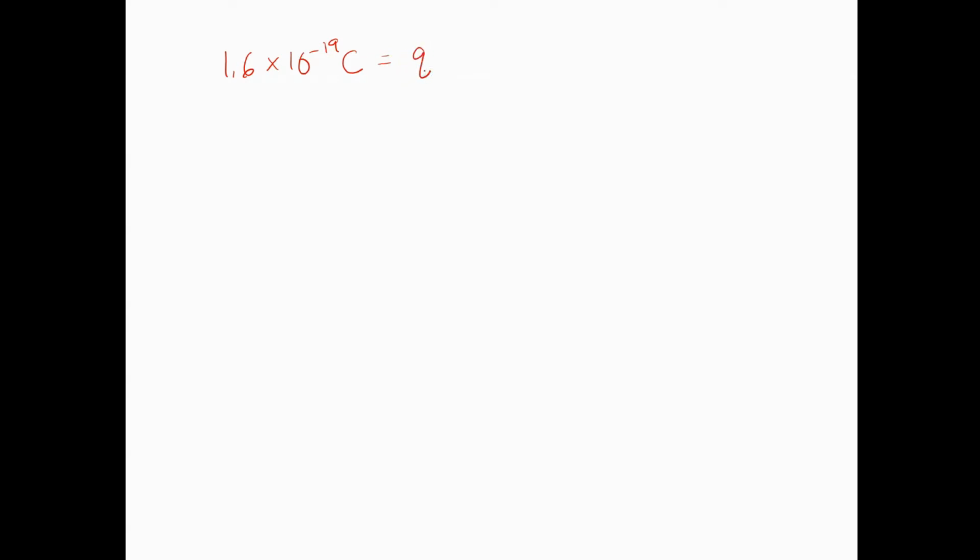Q is the symbol for charge. Coulomb is the SI unit of charge. We are also given the K value, 9 times 10 to the 9 newton meters squared per coulomb squared.